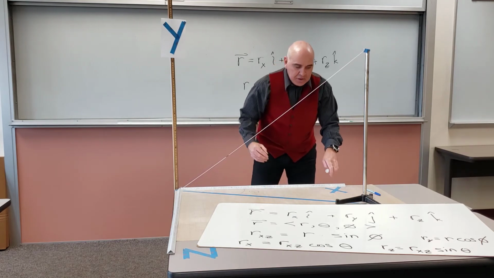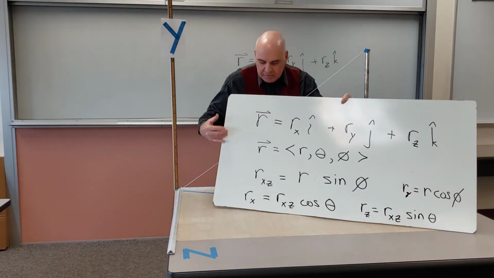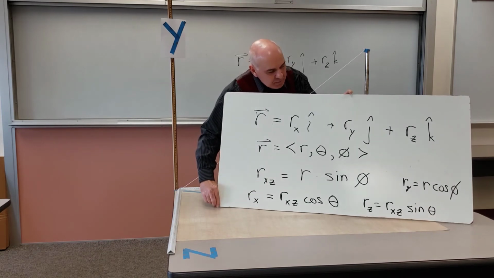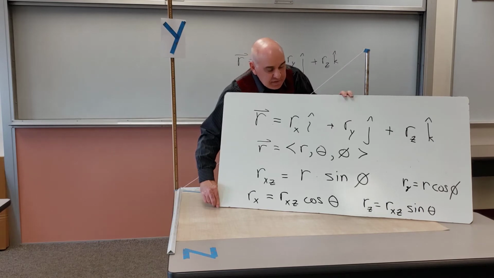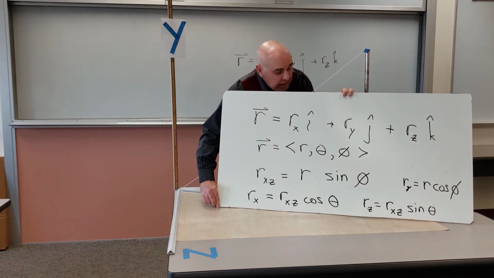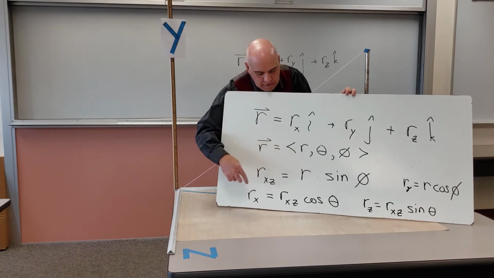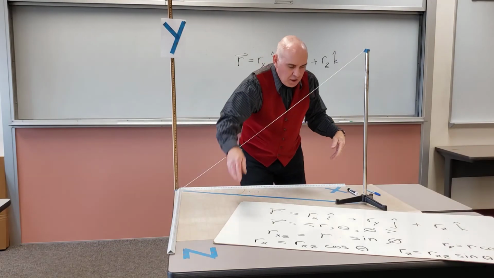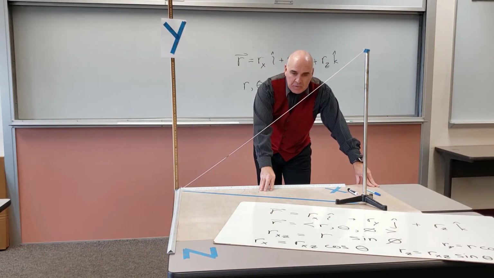So r sub xz cosine theta is the x component, right? So the x component is r sub xz cosine theta. Similarly, the z component is r sub xz sine theta. The z component is r sub xz sine theta. Okay, and then you could put r sine phi in for r sub xz, and you would get the components of the vector r in the x, y, and z Cartesian system.